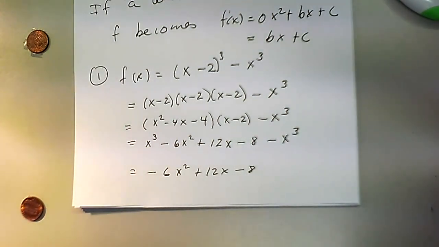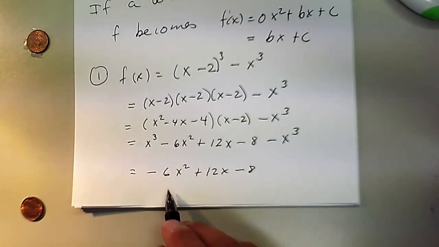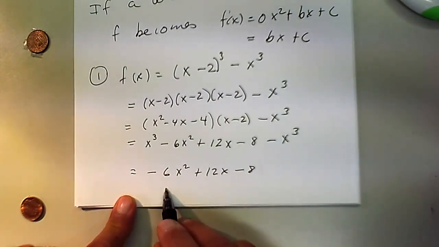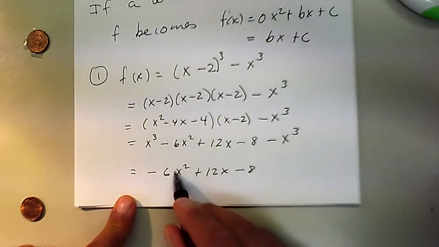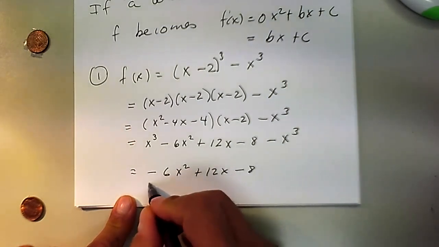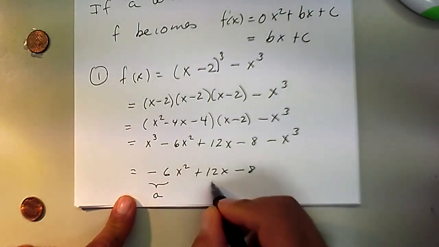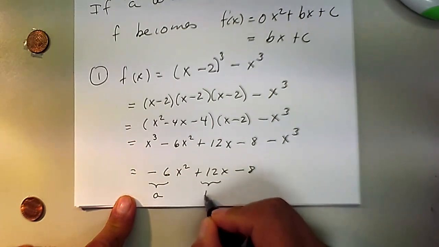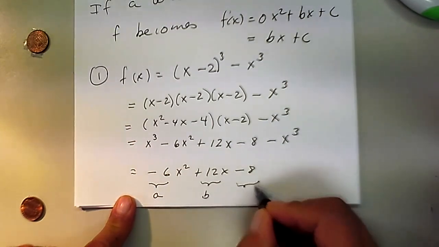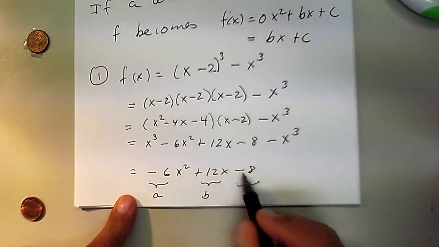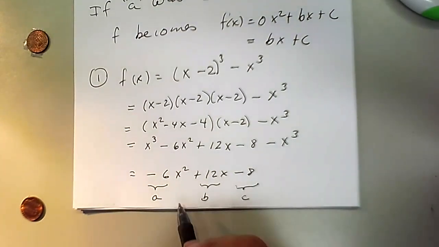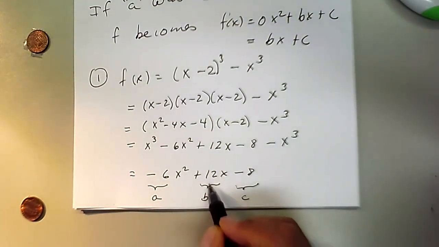And that is a quadratic function because there's the x squared. So this takes the place of the a, this takes the place of the b, and this takes the place of the c, including the sign. So c is negative 8, b is positive 12, only the 12.